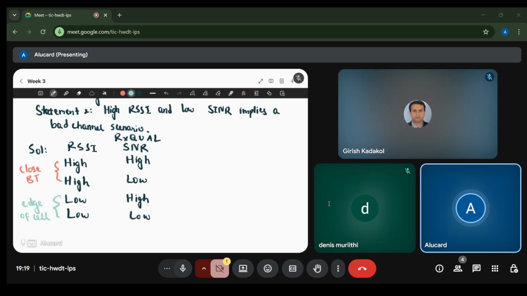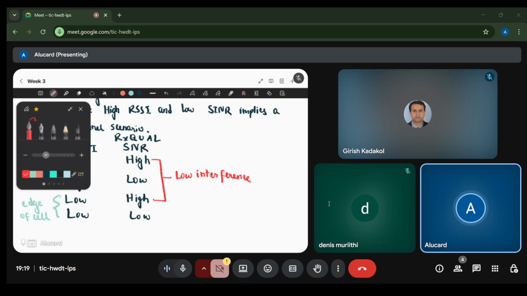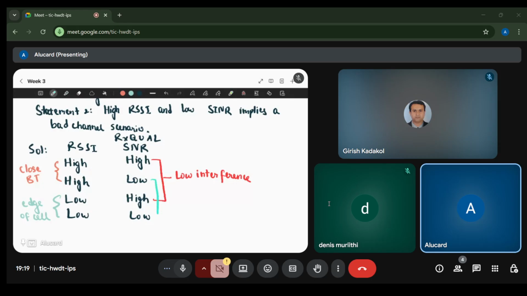Next, when it comes to RX qual, if your RX qual is high, that means there is less interference, or no interference. So this and this mean low interference. If your RX qual is low, that means there is high interference.